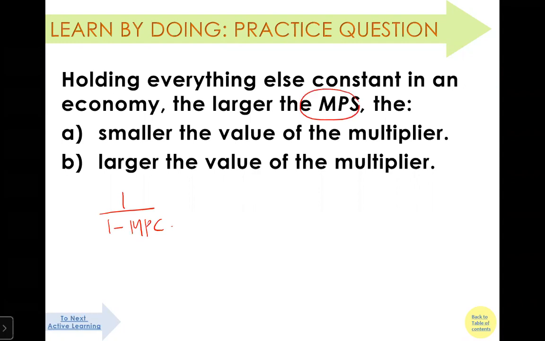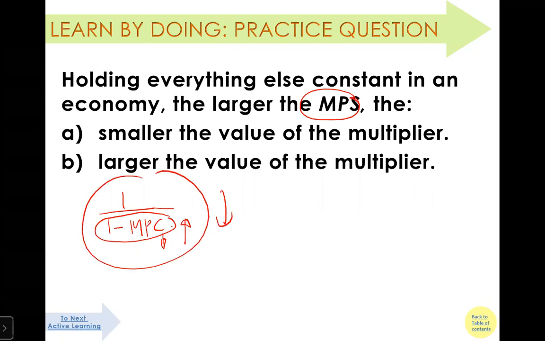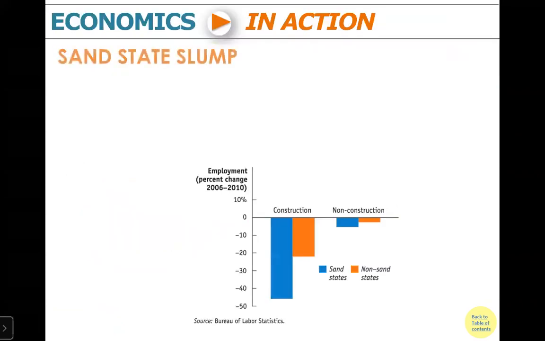The larger the MPS is, meaning the smaller the MPC. But the smaller the MPC means a larger denominator. If the denominator gets larger, then the total term gets smaller, right? So the answer is A, right?